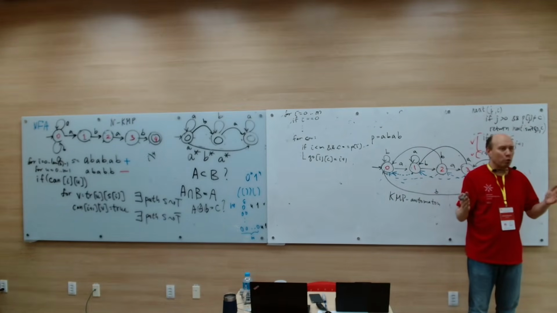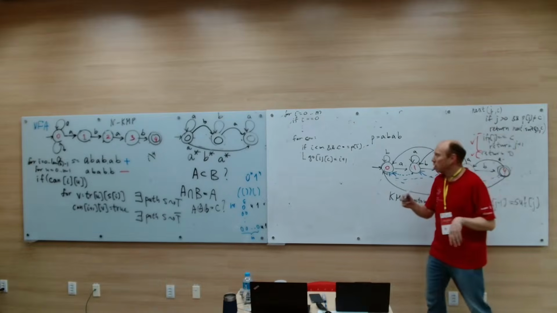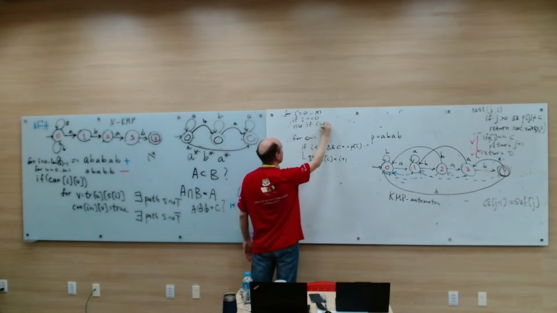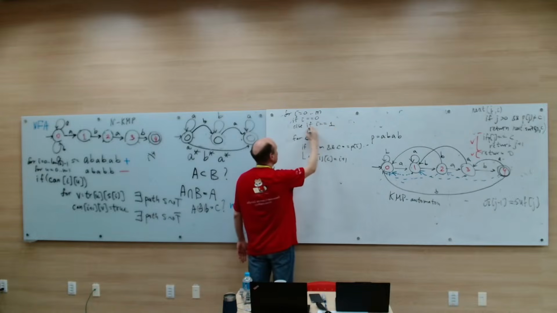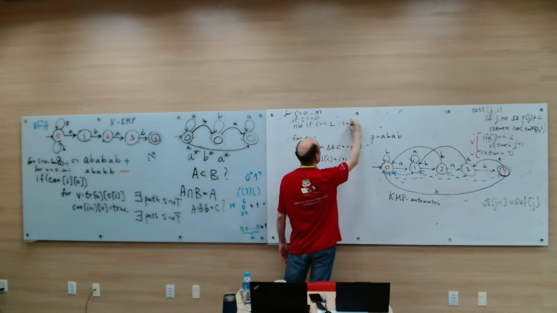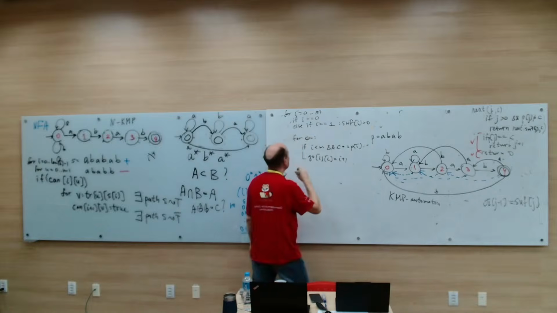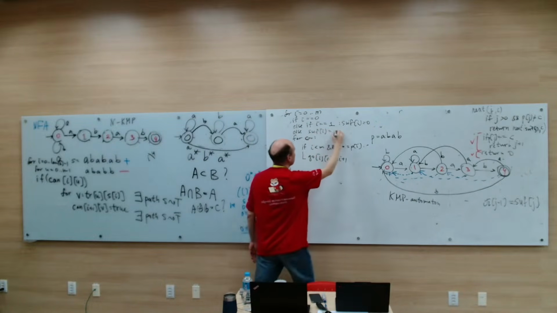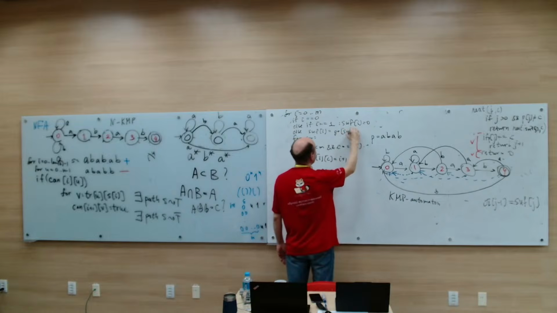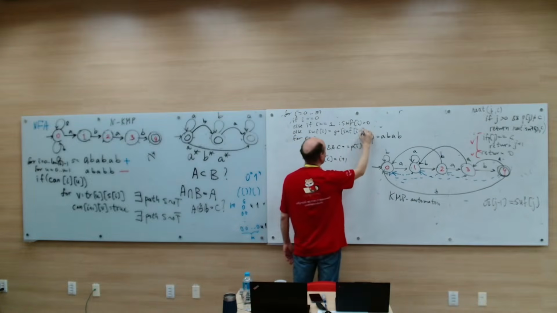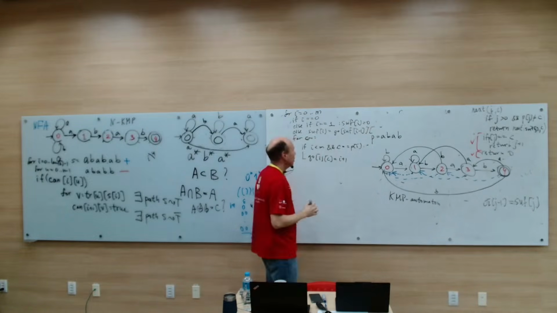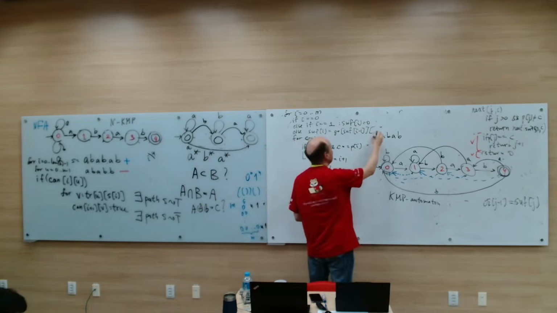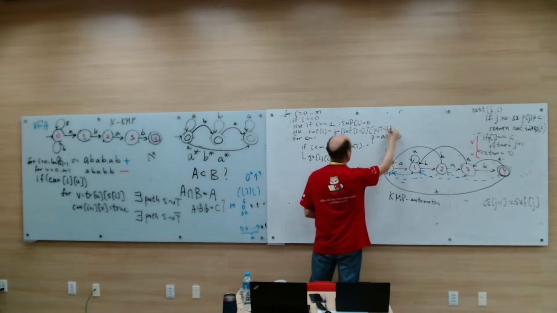We cannot go back anywhere. So we don't do anything else. If i is equal to 1, then the suffix link for i is 0 always, else the suffix link for i is go from the suffix link for i minus 1 by the character that goes to this vertex, which is p of i minus 1.